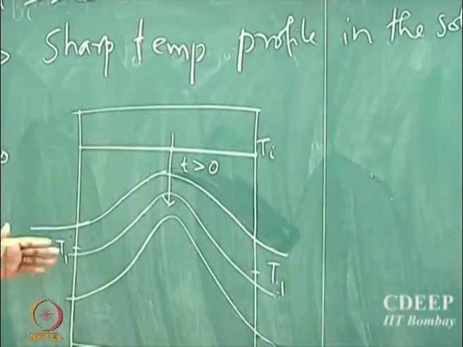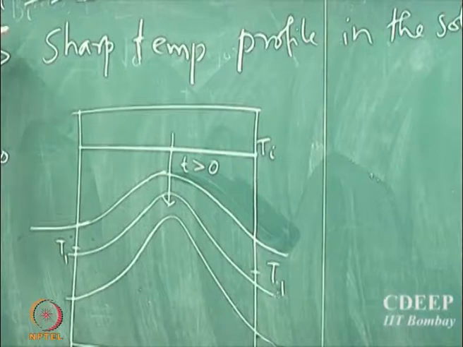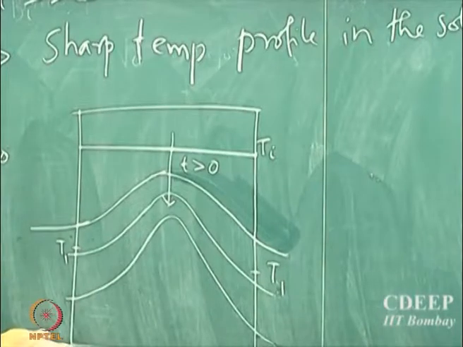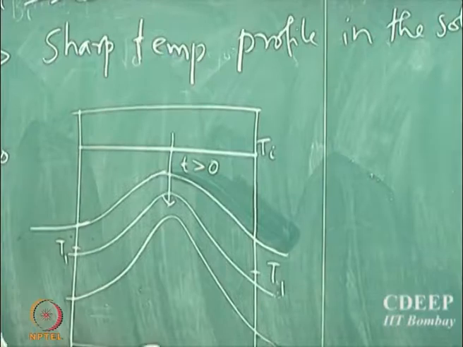We have not solved the equation. Without solving the equations, simply based on the intuitive understanding of how the temperature distribution is going to be based on the Biot number and resistances, we are able to sketch the temperature profile. So this is very important.